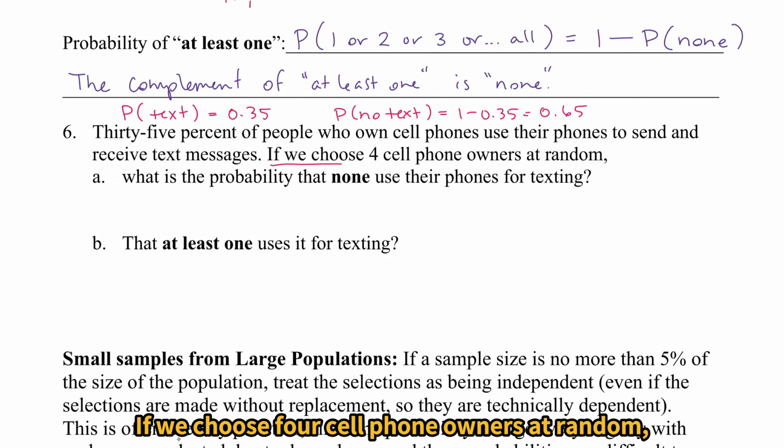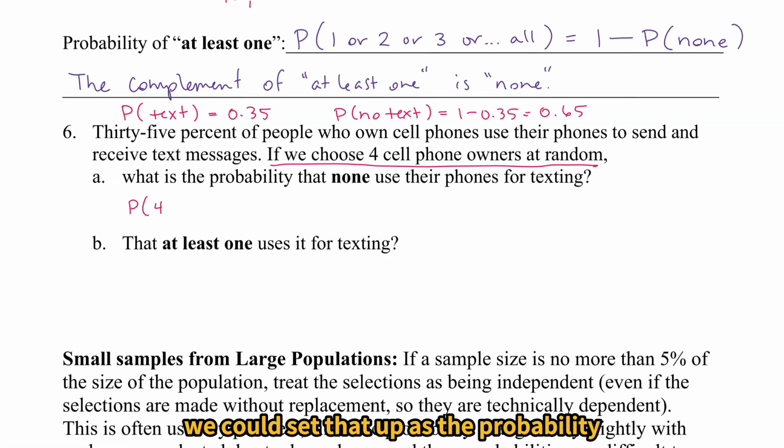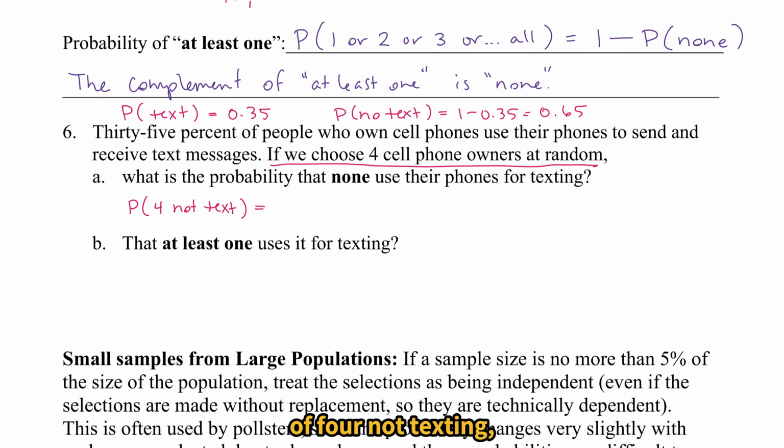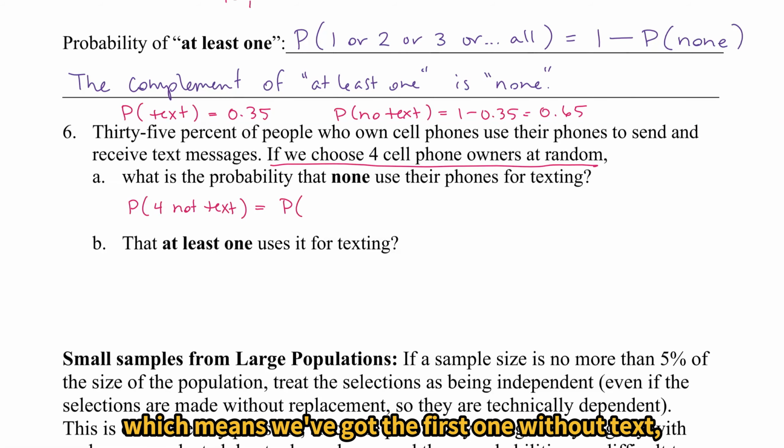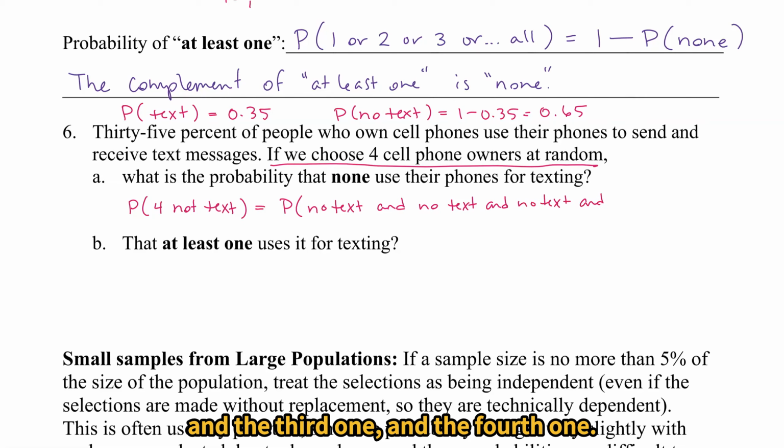If we choose 4 cell phone owners at random, the probability none are using their phones for texting, we could set that up as the probability of 4 not texting, which means we've got the first one without text and the second one without text and the third one and the fourth one.